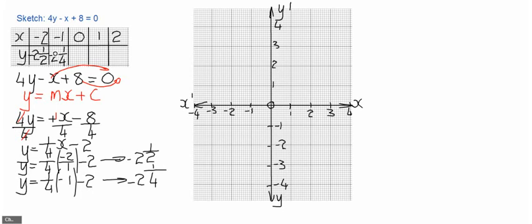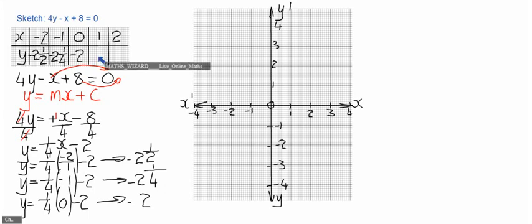Right, the next value we're going to sub in is 0. So let's substitute 0 into x. That will give us y is equal to 1/4 times 0 minus 2. You know that 1/4 times 0 is 0, minus 2 will give you -2. And put that into your table. The next x value is 1.